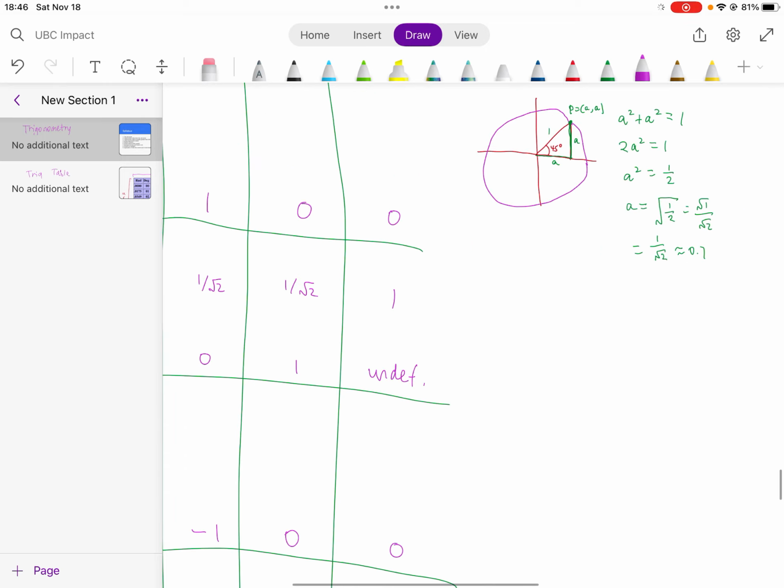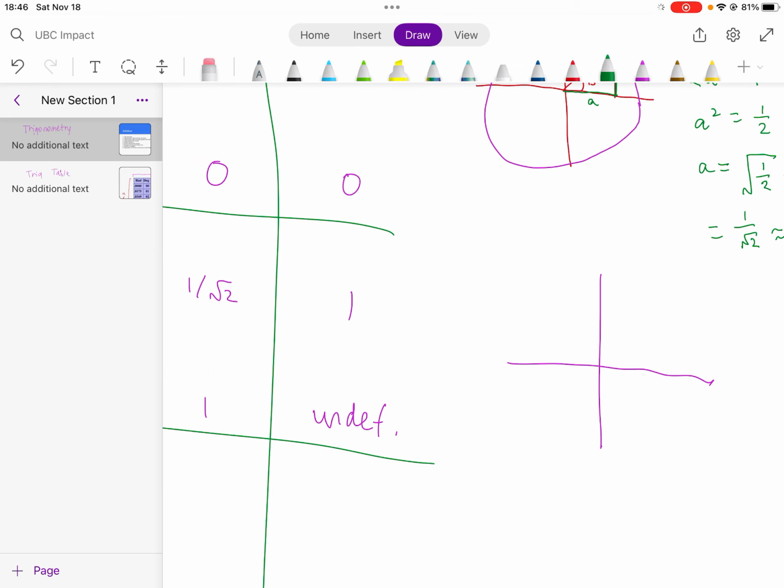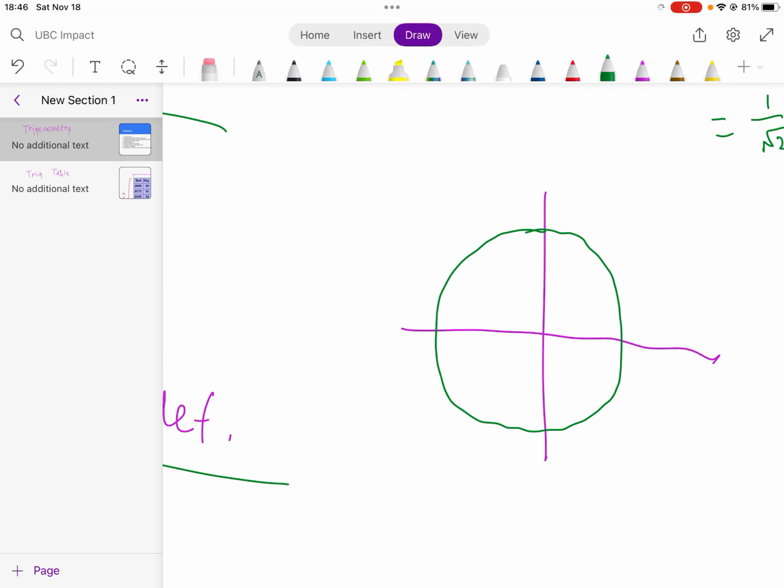Let's try 30 degrees. In a 30-degree case, this is your triangle.